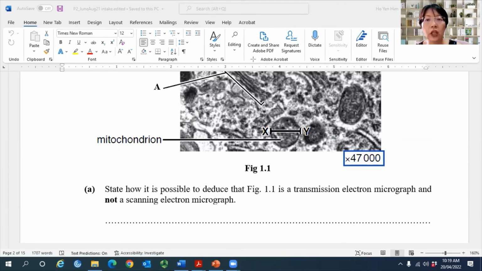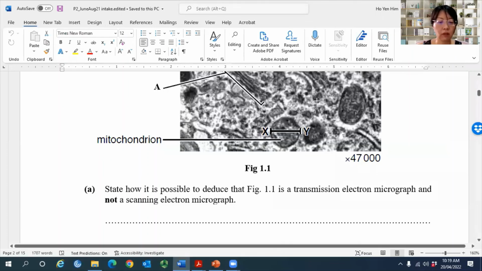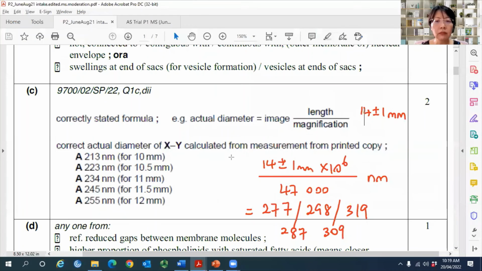Then you measure using your ruler from X to Y, that will be your I. Then you can calculate A. The I from the diagram is actually 14 mm. So we allow a range of answers from 14 plus or minus 1 mm.